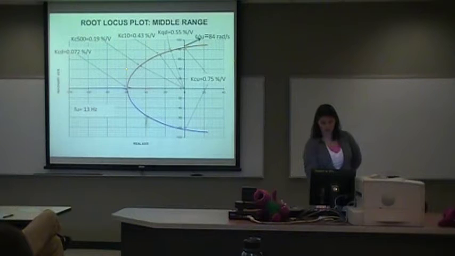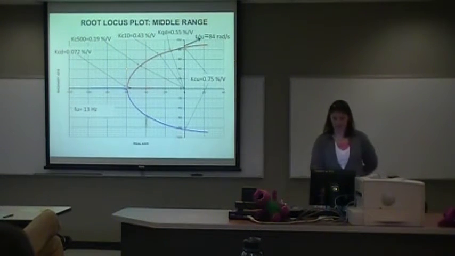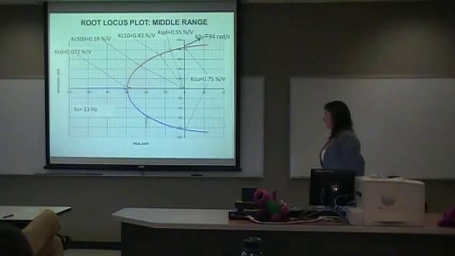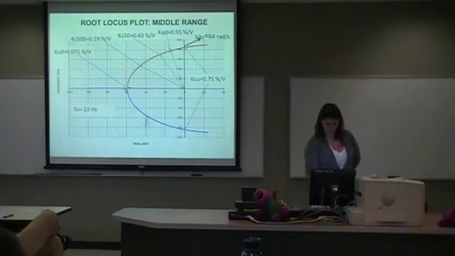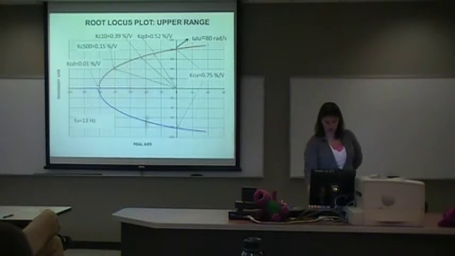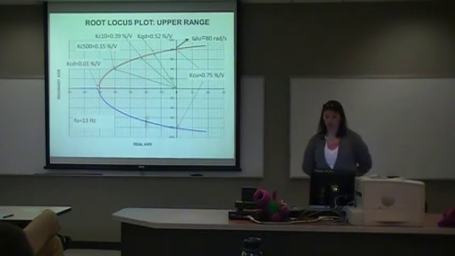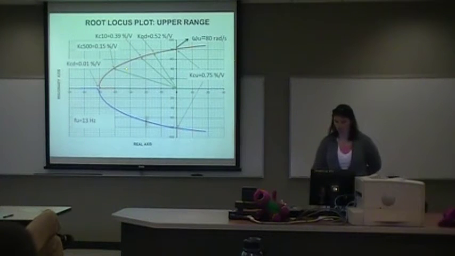And then for the middle range, again, we have these same parameters with different values. That gives an ultimate frequency of about 13 hertz. So we had 20 hertz, 13 hertz, and then for the upper range, again, we have about 13 hertz.